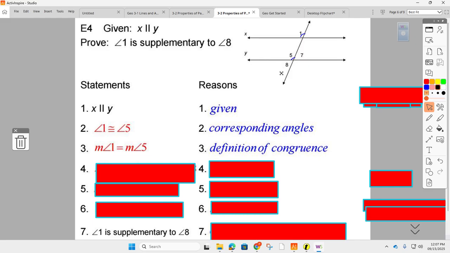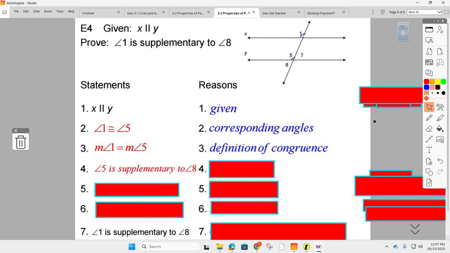They're not an angle pair that we learned about for this unit. This angle pair we learned about, they share the same side, and their opposite sides make a line. They're what kind of pair? Linear. Very good. Angle 5 and 8 are a linear pair, so their measures add up to 180. So we're going to say that angle 5 and angle 8 are supplementary because they are a linear pair.